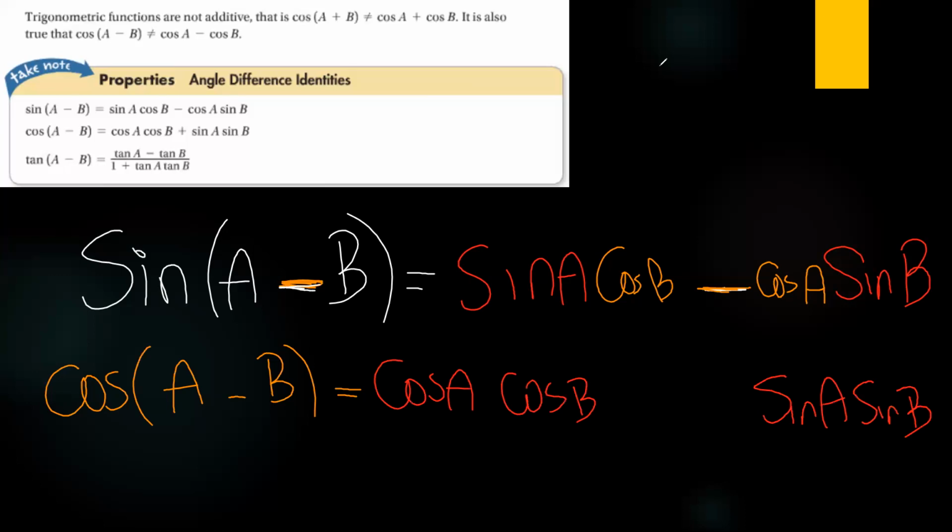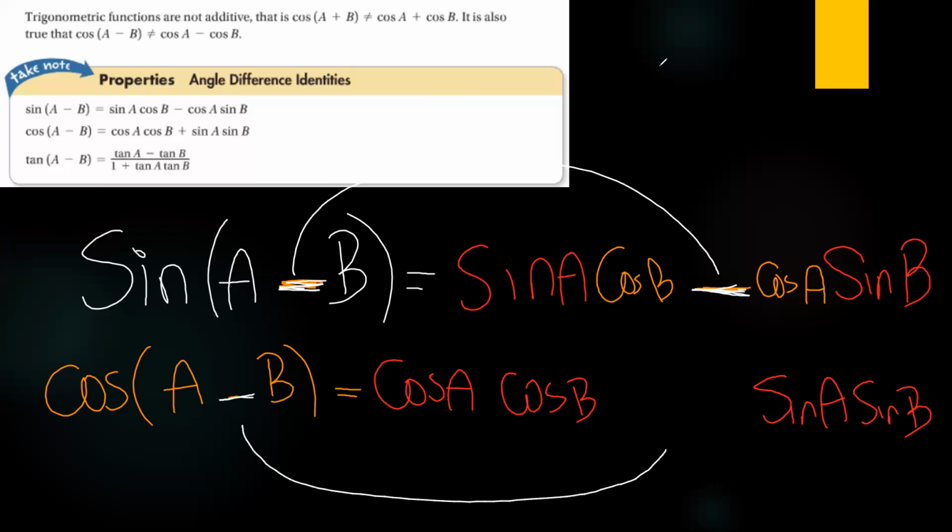So if the angle difference is of the sine, keep the minus as it is, but the cosine will not. If we have an angle difference, you must put a plus sign between these two terms. For the sine, if you have a minus sign, you keep the minus. But for the cosine, if you have a minus, you make it a plus.